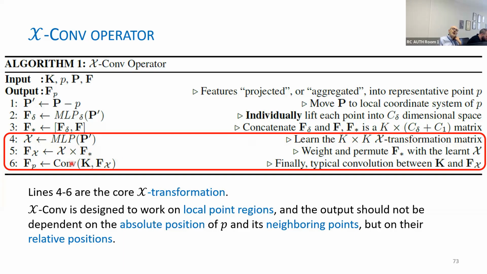And finally, we have a convolution, a traditional standard convolution between these two matrices, K, which is the kernel, and Fx, which is the transformed feature vector. This is the way they propose to solve the problem of learning from points, following an approach more similar to what we use for images.